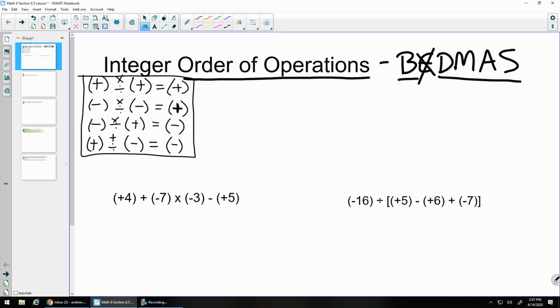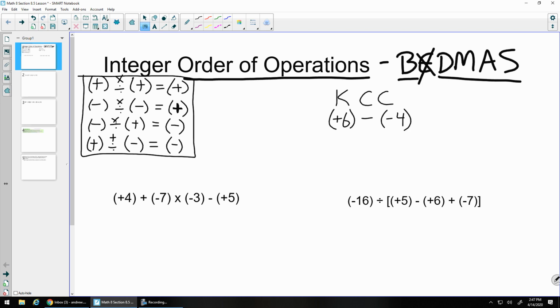You just have to think, is my amount getting larger or smaller? But we do have the keep, change rule. So let's just say I had +6 minus -4.